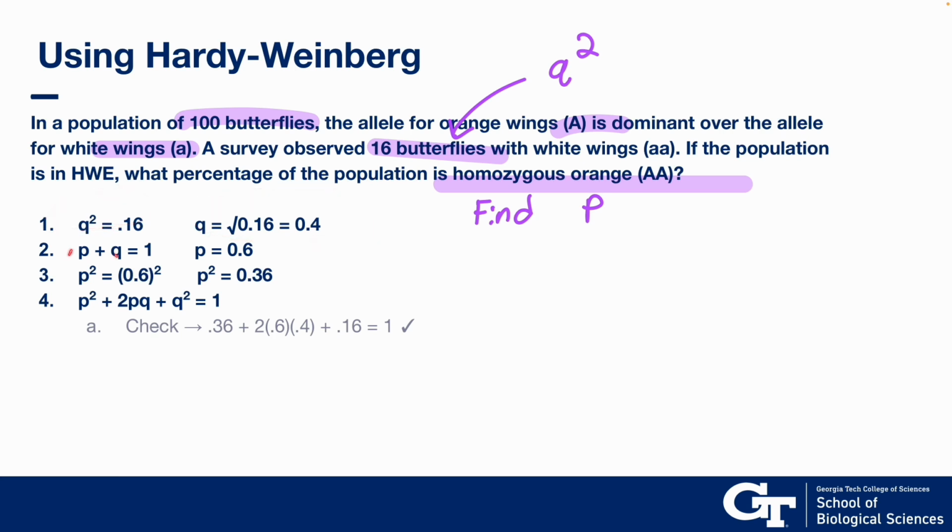We know that P plus Q must equal 1, so P must equal 0.6. Let's square 0.6, and we get 0.36. So P squared is equal to 36%, and we can check this by plugging into P squared plus 2PQ plus Q squared and see if it equals 1, which it does. So 36% of the population is homozygous orange.